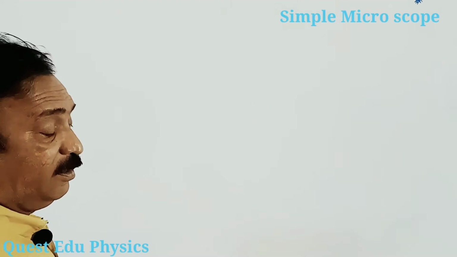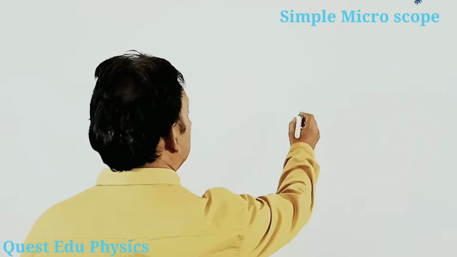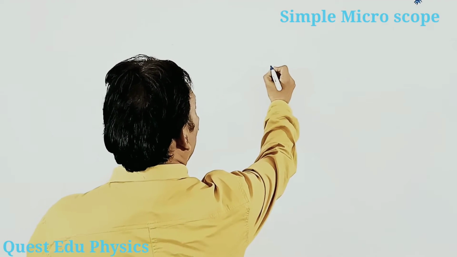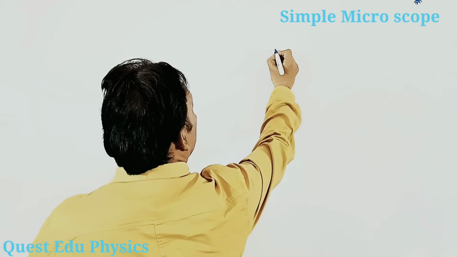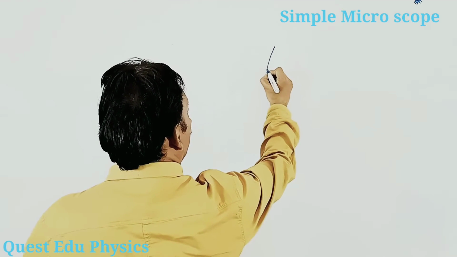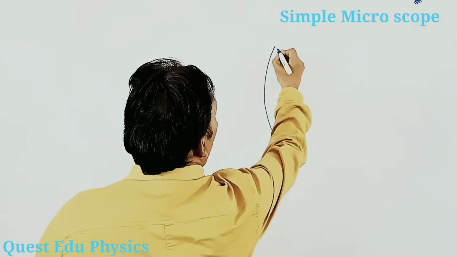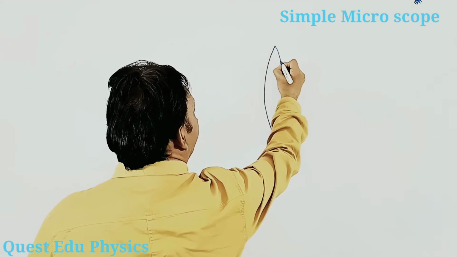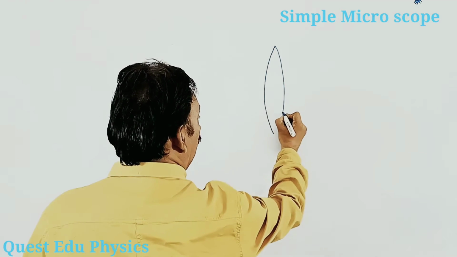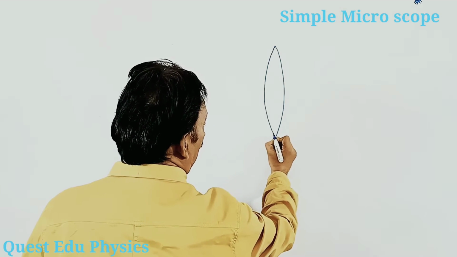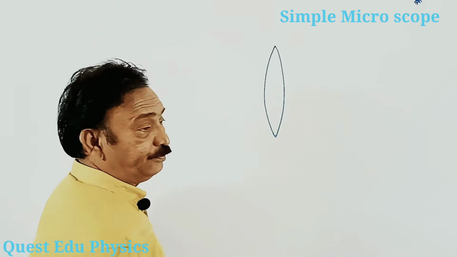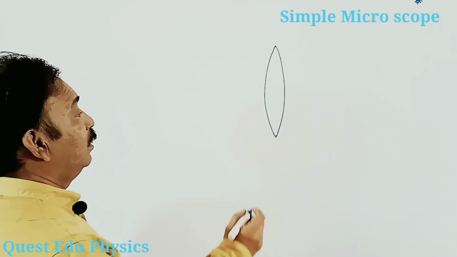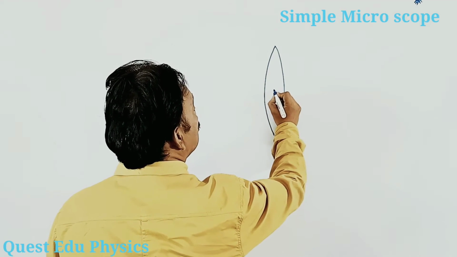Actually, we have to take a biconvex lens of shorter focal length, students. Here I am locating its optic center.